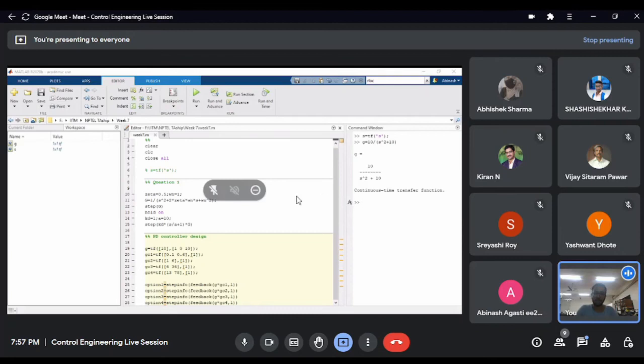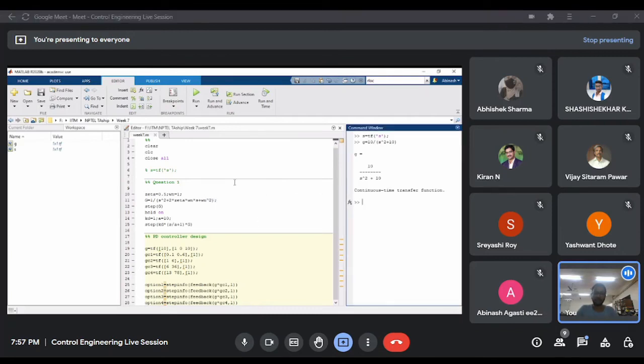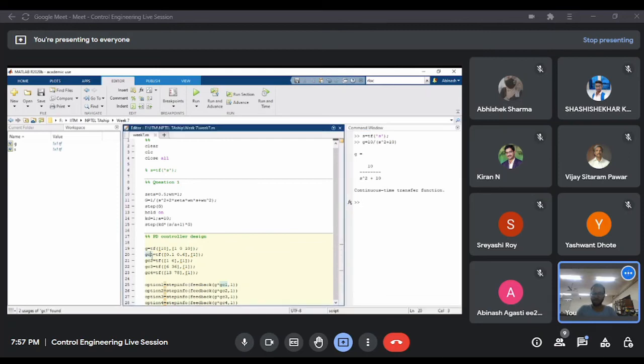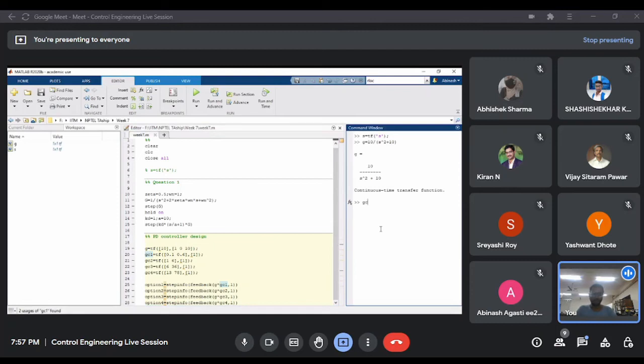Now to that transfer function we want to apply a PD controller. Let's take the first one, where the KP and KD values were 3 by 5, that is 0.6, and 1 by 10, that is 0.1.